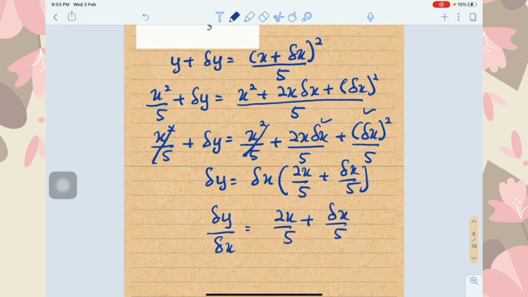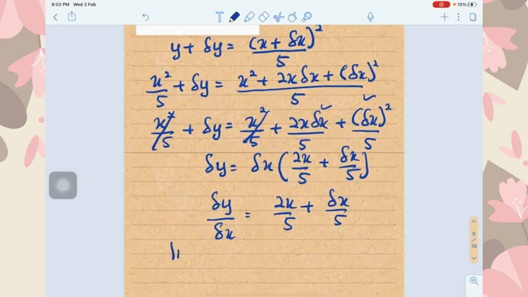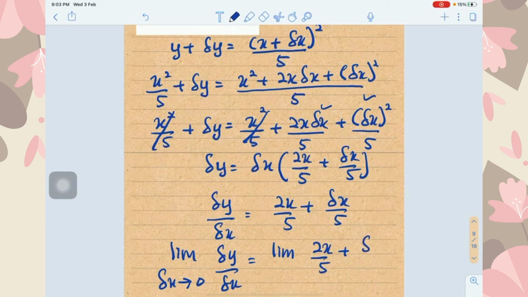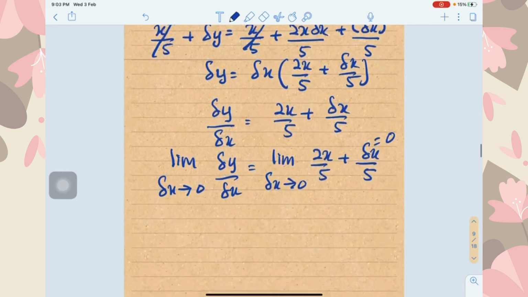Find the limit when delta x approaches 0. The limit of delta y over delta x when delta x approaches 0 equals the limit of 2x over 5 plus delta x over 5 when delta x approaches 0. So this one goes to 0, therefore dy/dx equals 2x over 5.